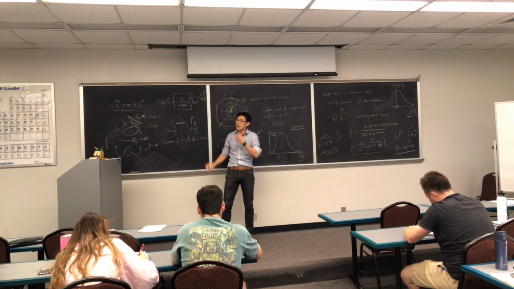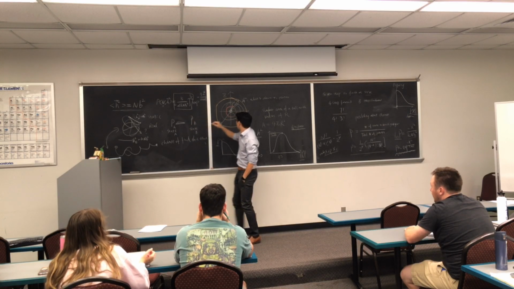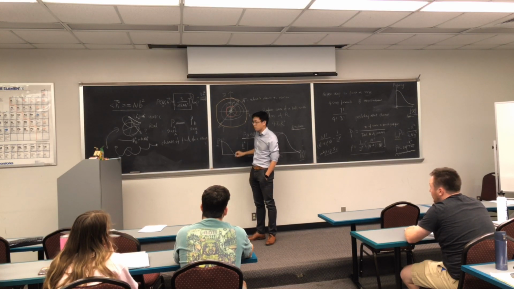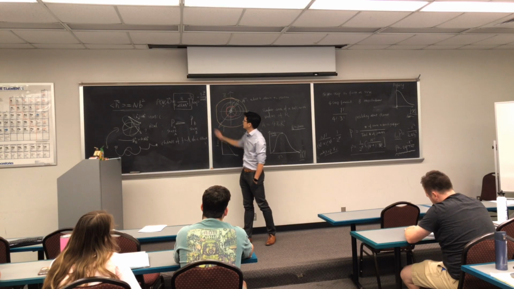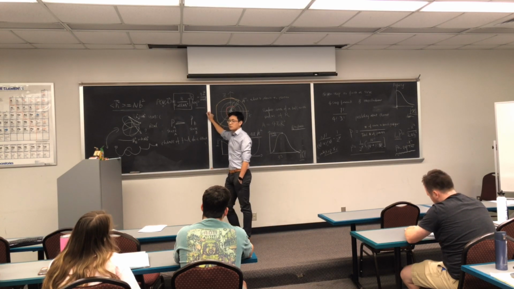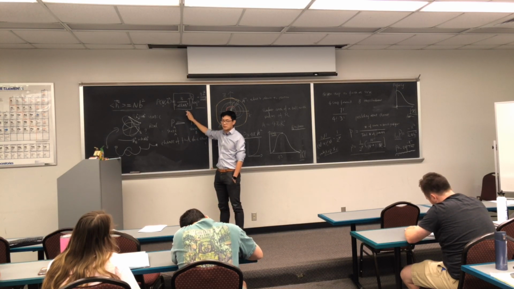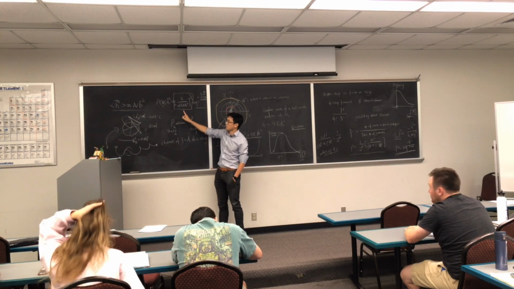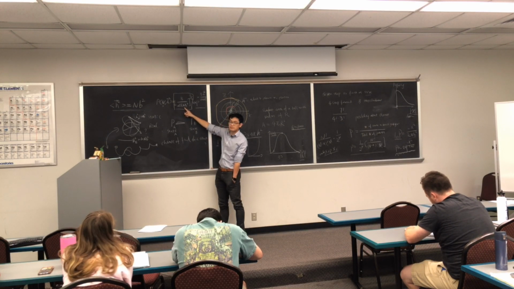The whole reason we have this is it will normalize, so that when you integrate from here to here, your probability will be equal to 1. Without this prefactor, if you just integrate this part, the probability won't be equal to 1. So it's just a normalization function to help you achieve that.